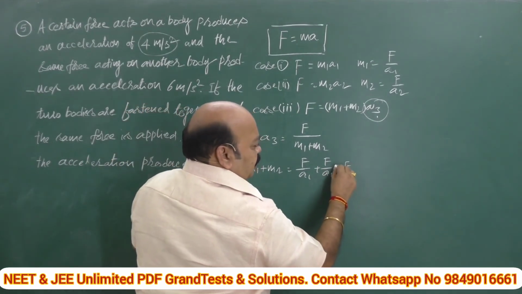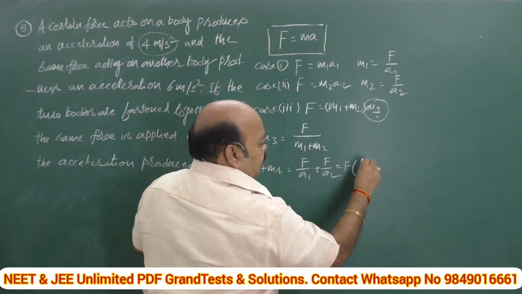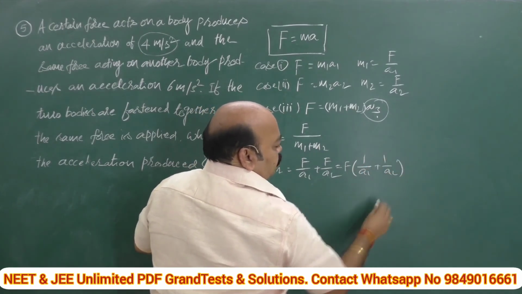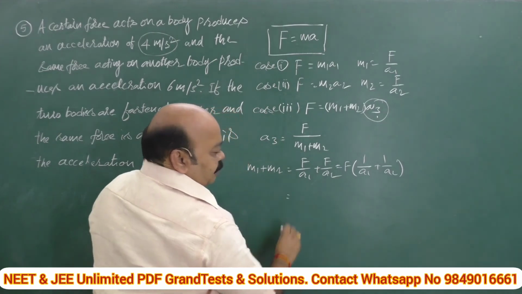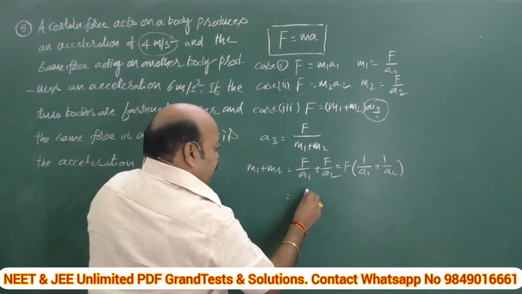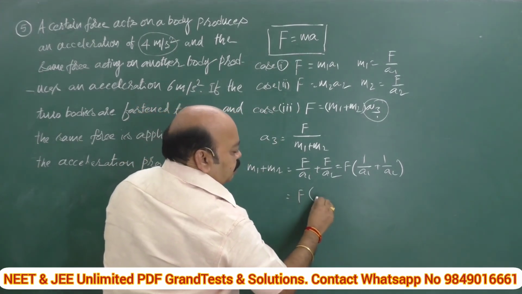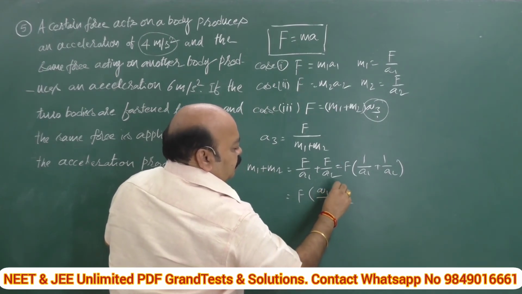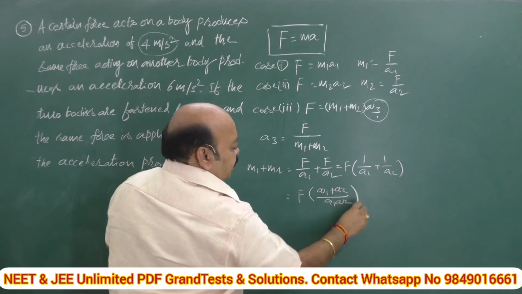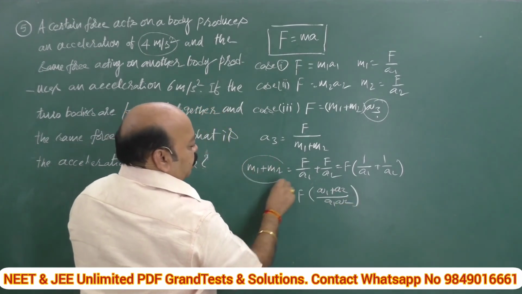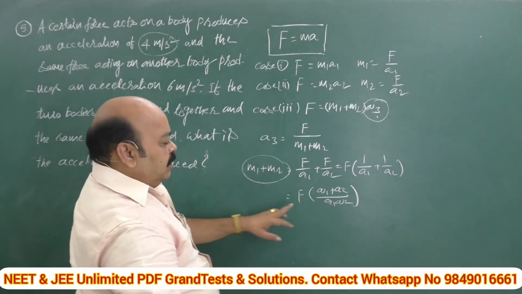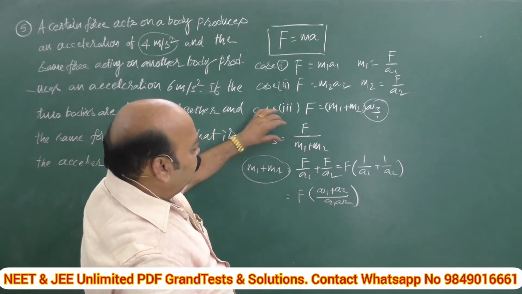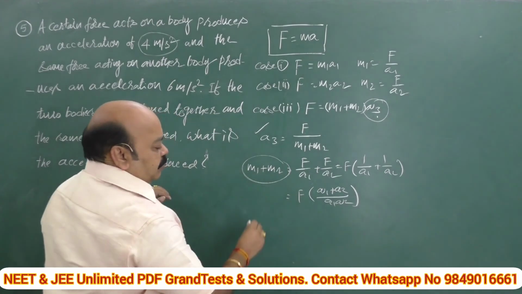Simple algebraic calculation: F bracket begins, 1 by a1 plus 1 by a2. Further we can write it as F into, what is the LCM? a1 a2, so it is a1 plus a2 by a1 a2. That means whenever you need the value of m1 plus m2, you can replace it with F into a1 plus a2 by a1 a2.